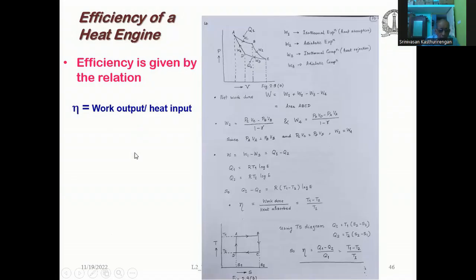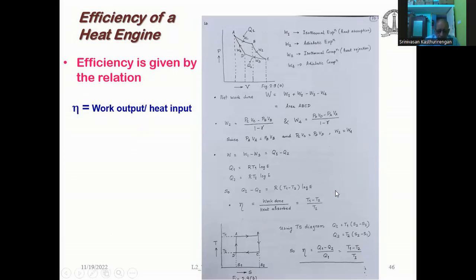Now you can calculate what the efficiency is. I'm not going into the details of the calculation. What is the efficiency of the heat engine? Efficiency can be defined as the work output to the heat input. What is the work output done by the gas to the heat input? The work output in this case is the area enclosed within this curve.